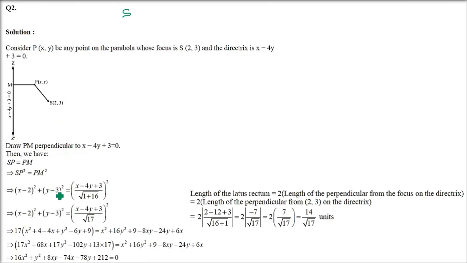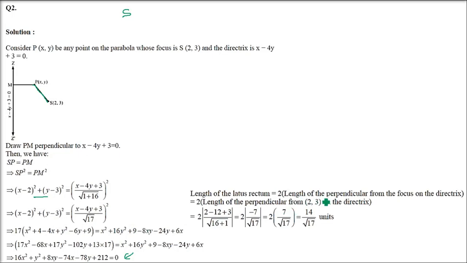All questions, the first part is exactly like what we have seen earlier. So we'll take the distance of xy from 2, 3, x minus 2 whole square plus y minus 3 whole square. Then we'll take the distance of xy from this line x minus 4y plus 3 equals 0. We'll equate this, and that will be the final equation.